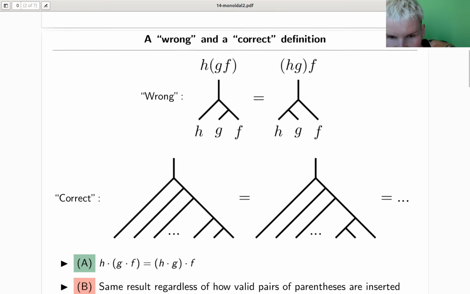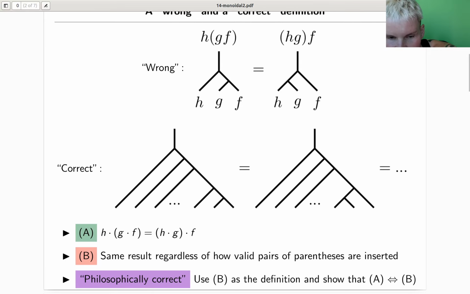But associativity, so that's what you usually learn, right? Associativity is this A-type thing, right? h(gf) equals (hg)f. But the correct thing to say would be any bracketing is the same, right? The result is independent of the bracketing, of the parentheses.